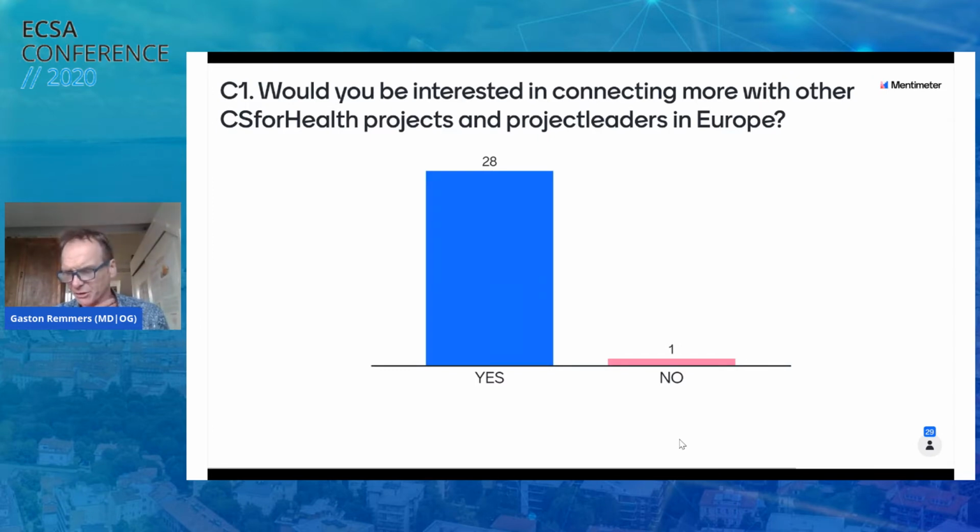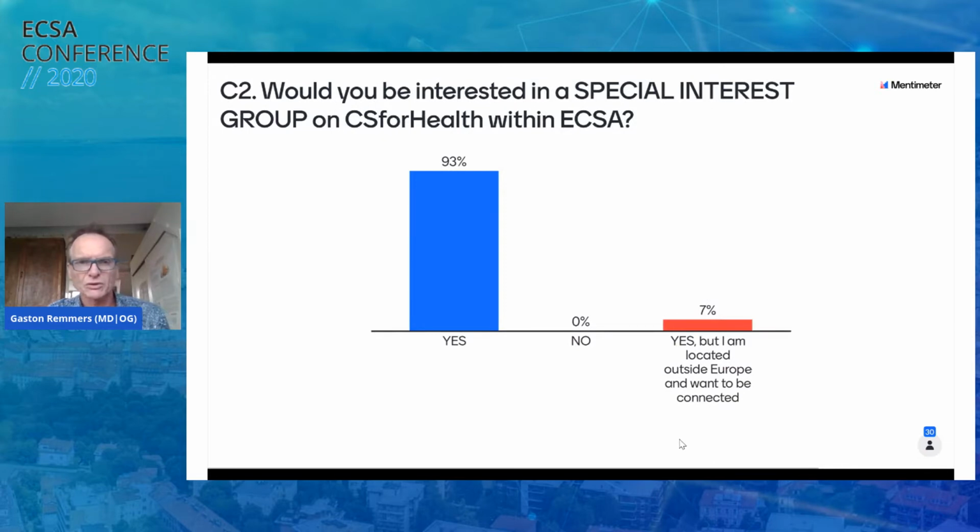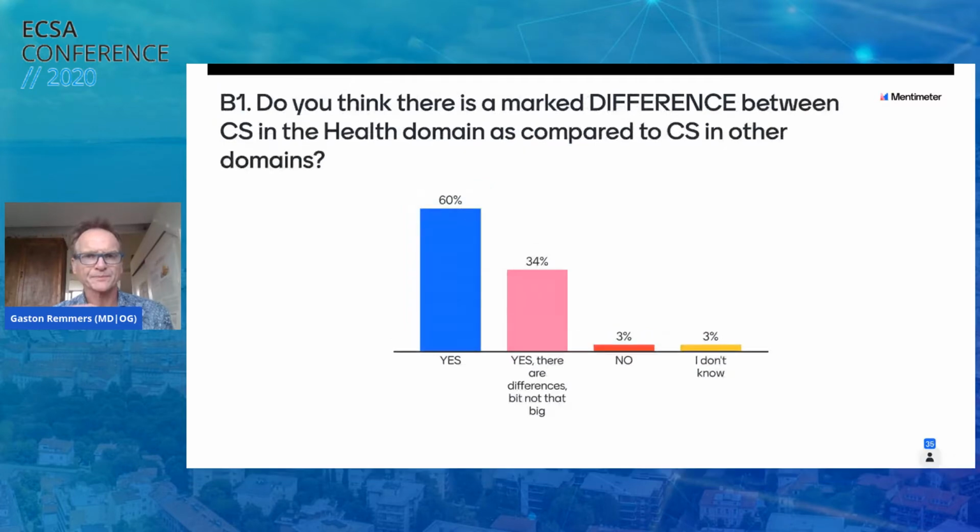A vast majority of the people present want to get connected and learn from each other, and want to see the special interest group on citizen science for health established in EXA. So we will follow up on this in the days to come.